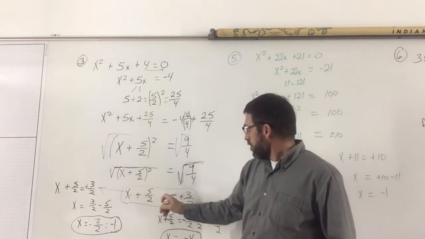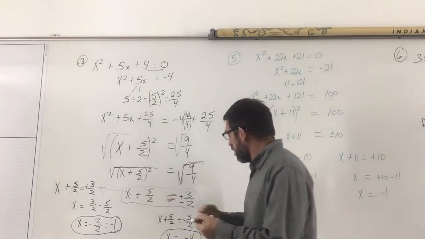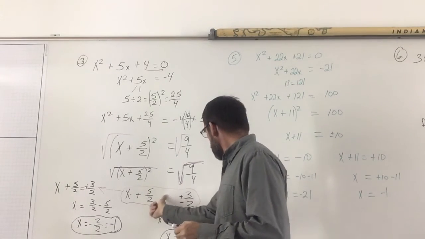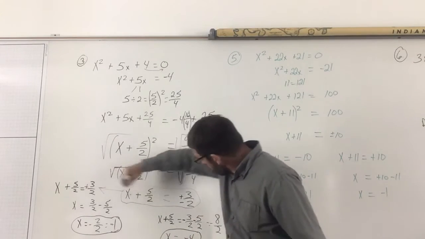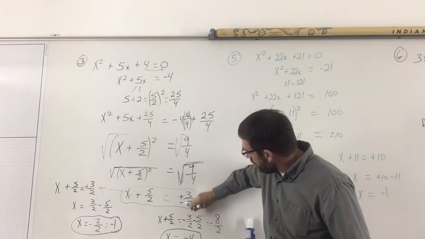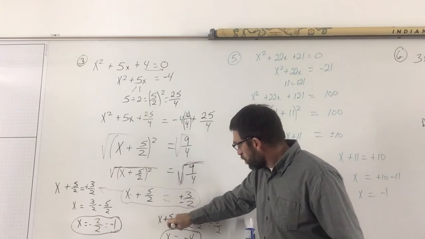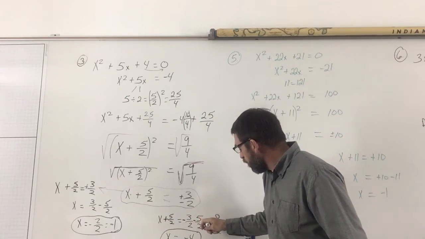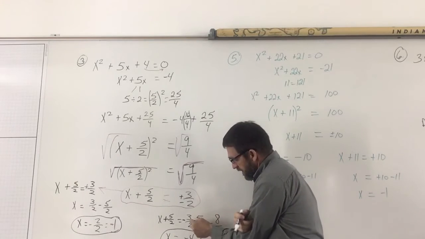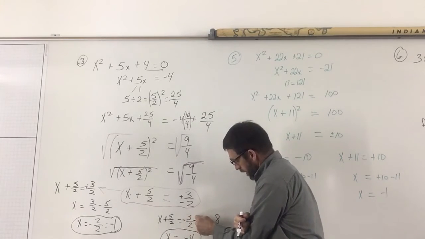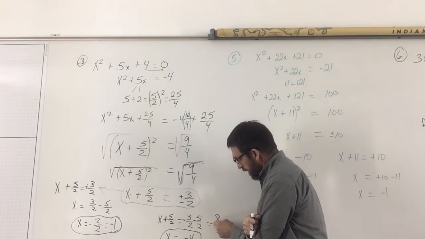Here I used a positive over there, and now I use a negative sign here, negative 3 over 2. So I again brought the 5 over 2 over here and isolated the x. And now I had two negative numbers. 3 and 5 are both negative, and so I had 8.